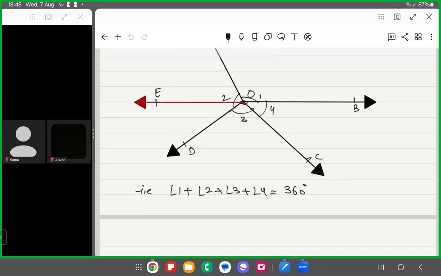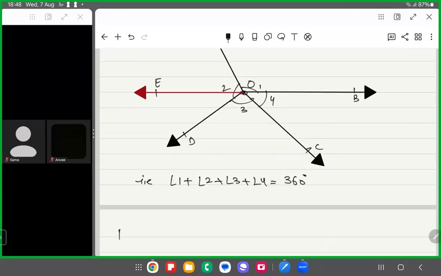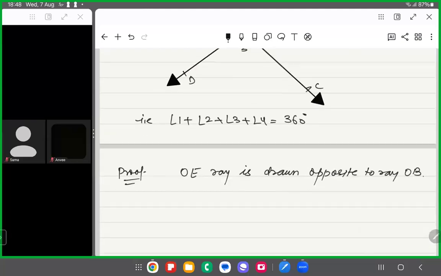Yes or no? So let's see what is the proof of this. Ray OE is drawn opposite to ray OB, right?